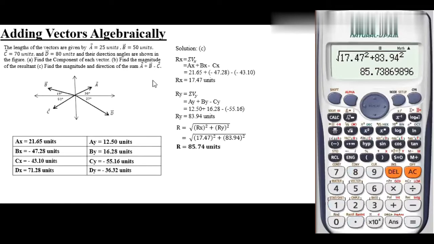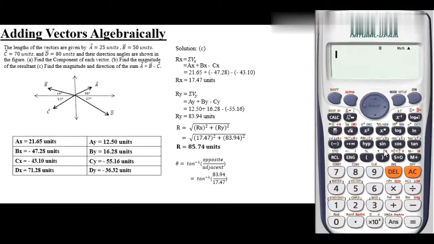Sa letter C, nahanap din yung direction ng sum ng A, B, and C. So, paano po natin kukunin yon? Kukunin natin yon gamit yung inverse tangent function. So, theta is equal to inverse tangent, opposite over adjacent. Plug in the values. We have inverse tangent 83.94 divided by 17.47.